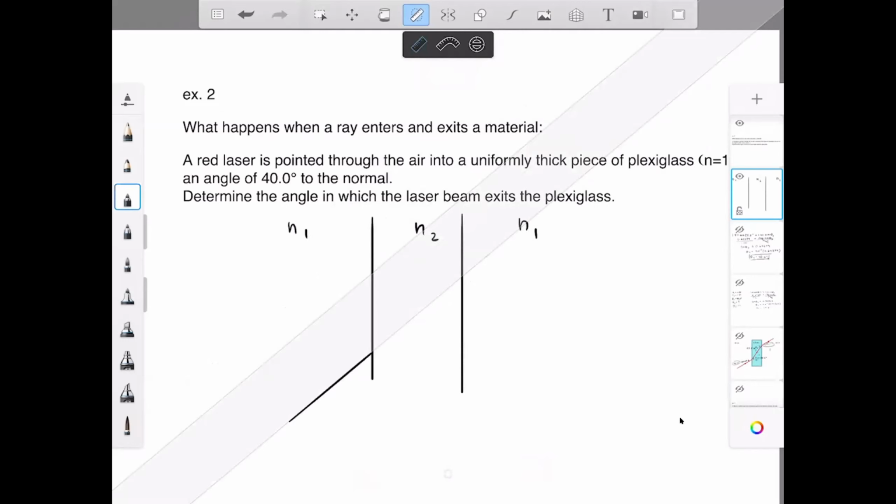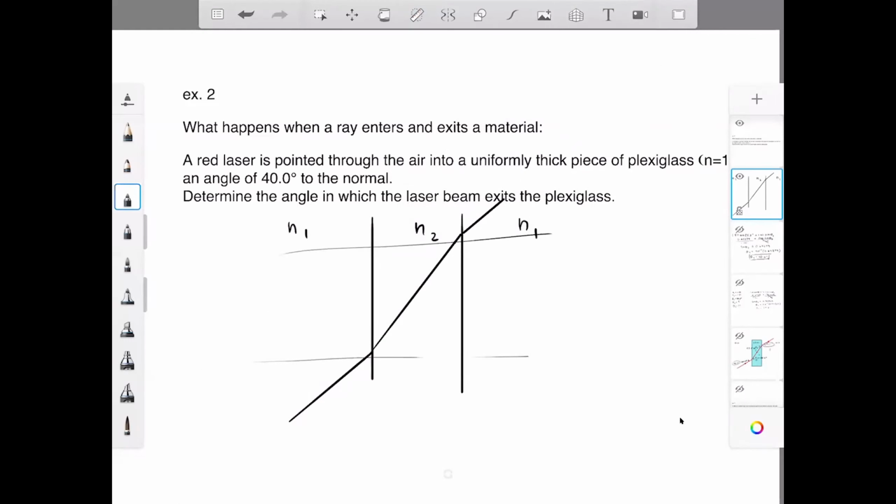Here's our light ray. It's going to refract like that. So let's say that this is your angle of incidence.